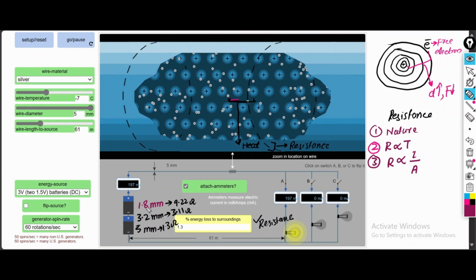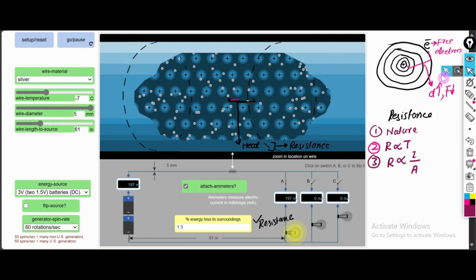By increasing the diameter, the resistance is decreased. So this was the third point.